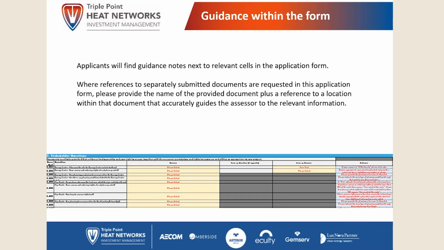If you can do that as a separate document and then indicate within the application form where that evidence base could be found, that would be really helpful from our assessment point of view. So please let us know the name of the document and where in that document you're providing that evidence.